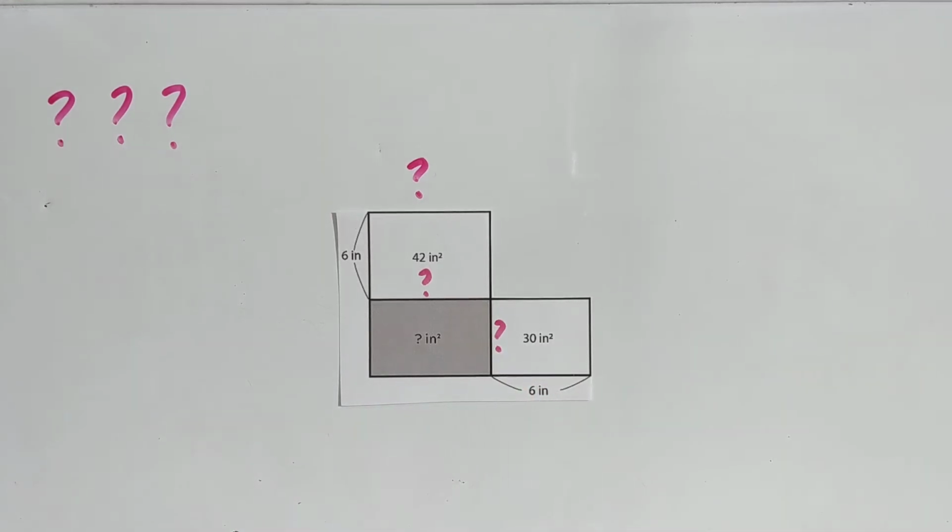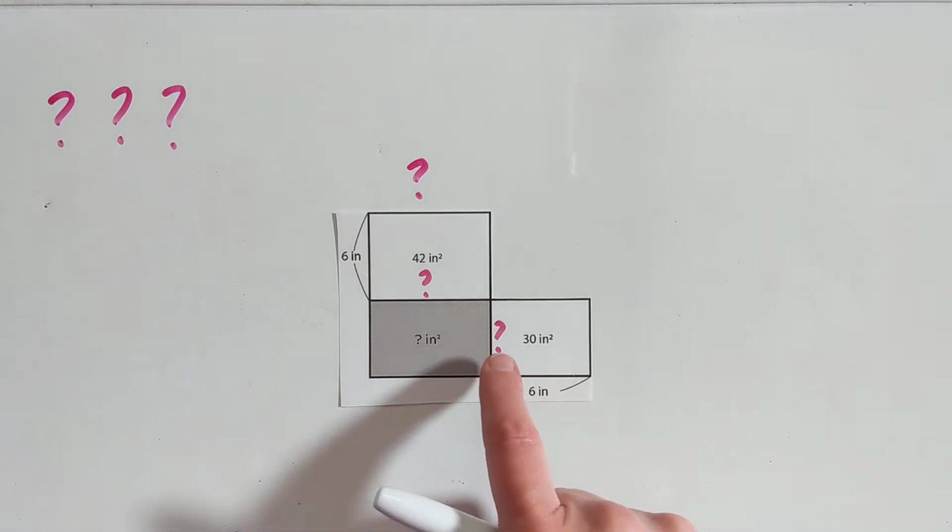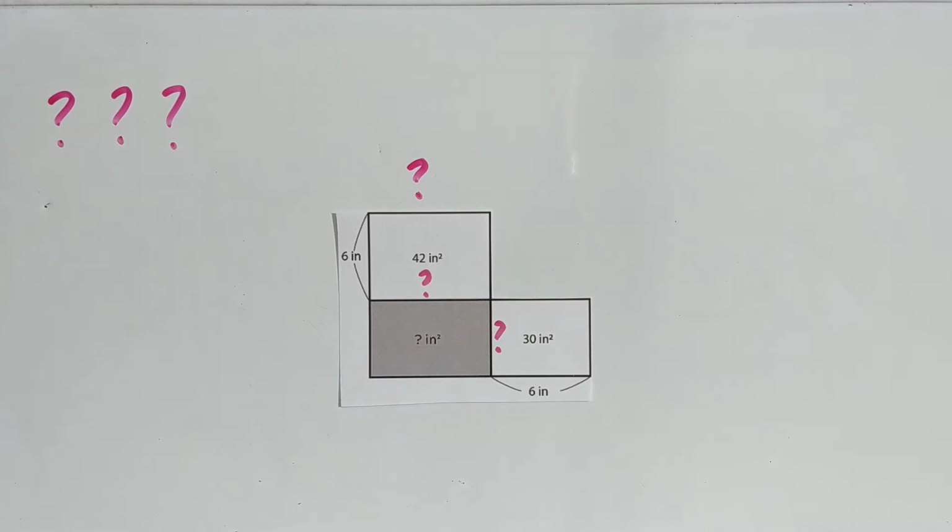So, 6 times what gives me 30? That one's not too bad, but let's pretend we didn't remember. I uploaded the fractal multiplication to Google Classroom, so you can use that to help you.